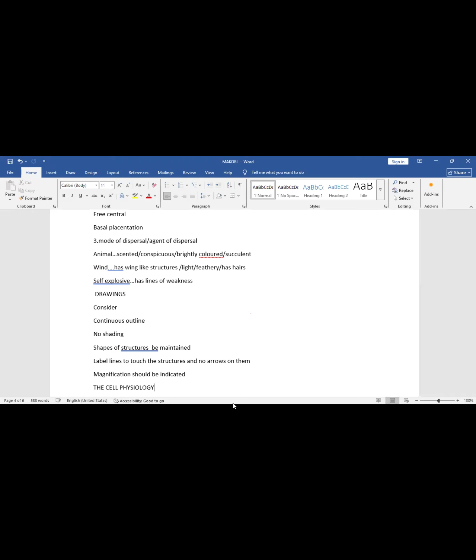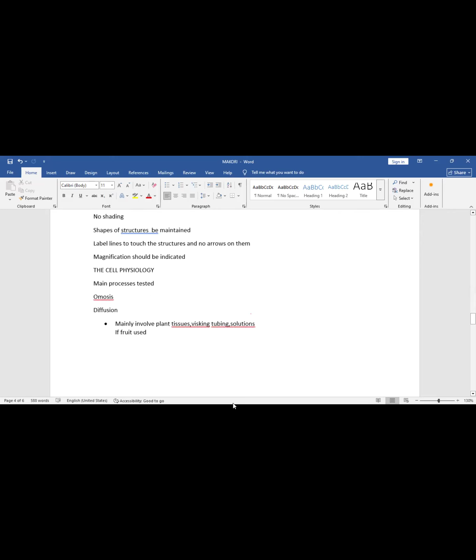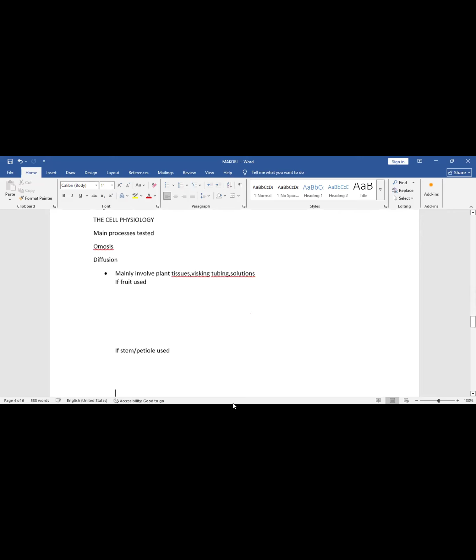Mr. Paul, kindly scroll our screen up so that we can go to this part of the cell physiology. On the cell physiology, these are the main processes that are normally tested.